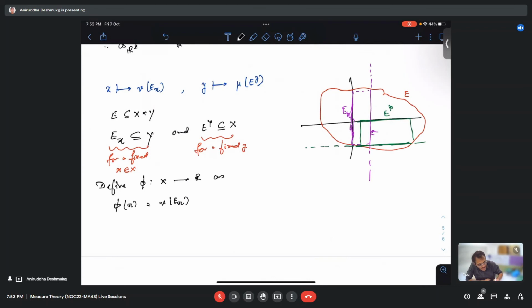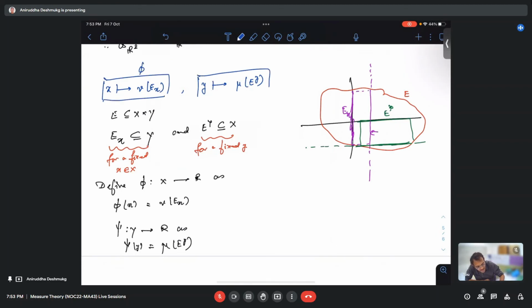Similarly, let us define psi from Y to R, as psi of y equals the measure of E^y. This is also a function. So this notation is for the function phi, and this notation is for the function psi. And what we are claiming is that both of these functions are measurable.